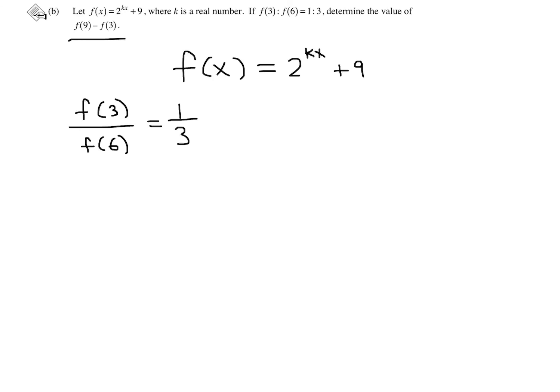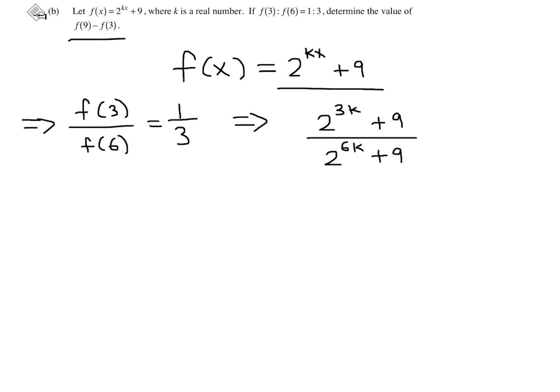All right? So first let's deal with this one here. f at 3 would be, according to this, 2 to the power of 3k plus 9. And then f at 6 would be 2 to the power of 6k plus 9. And they're saying that that is equal to 1 over 3. Now, at this point in the question, instead of having to deal with these types of numbers, I'm going to make it a little easier by substituting some values.